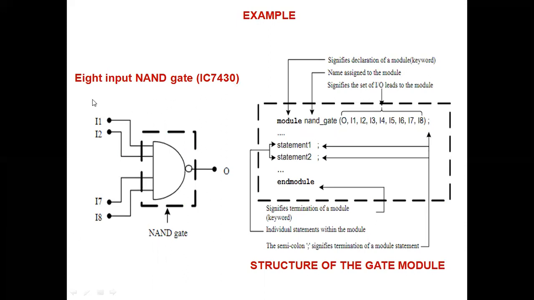Have you defined the module for this 8 input NAND gate? Yes, just now you have defined the module for this 8 input NAND gate. It is readily available. That means you have defined the module for this 8 input NAND gate, that is IC7430, just now. It is already available with you.